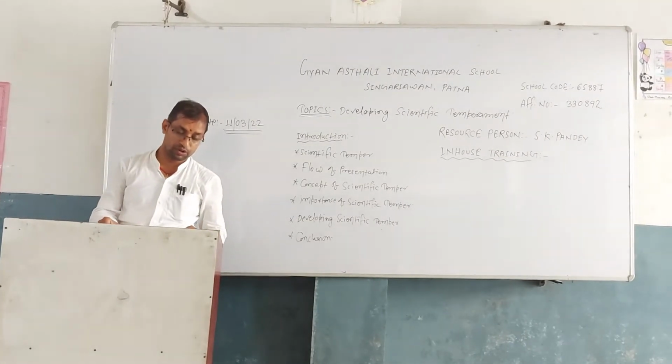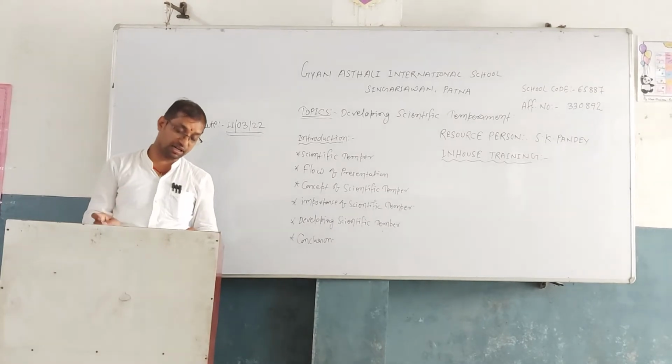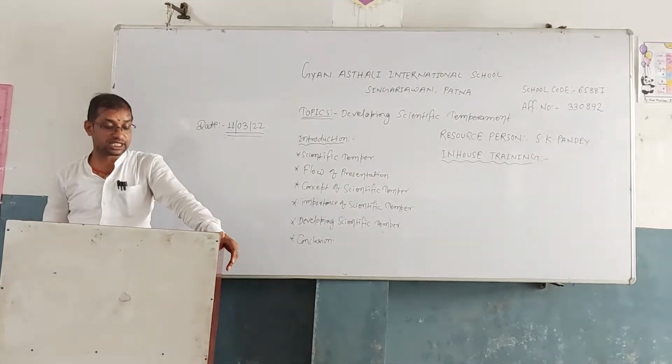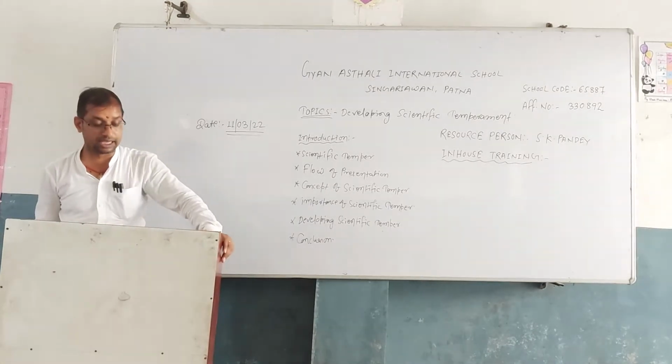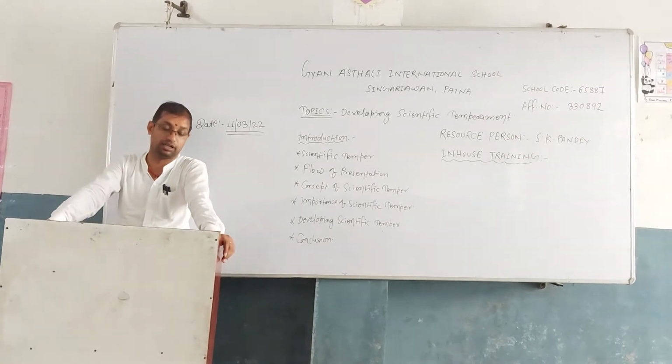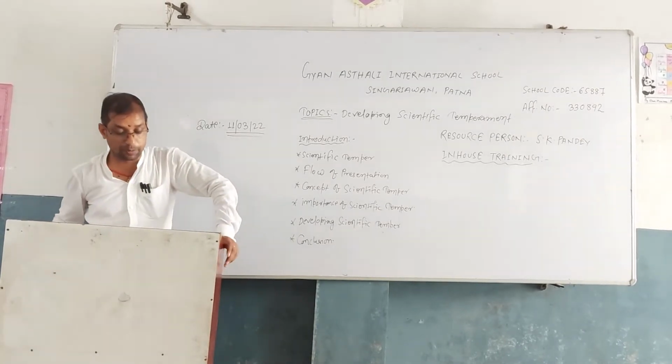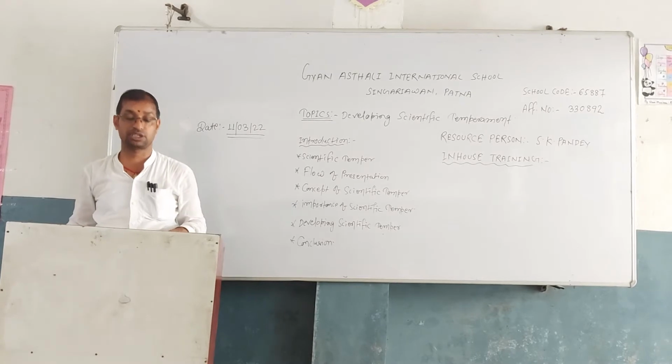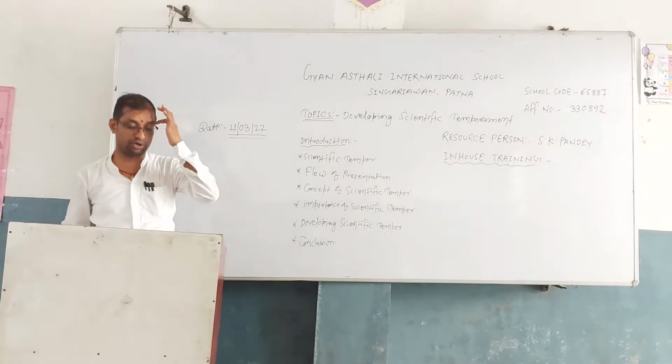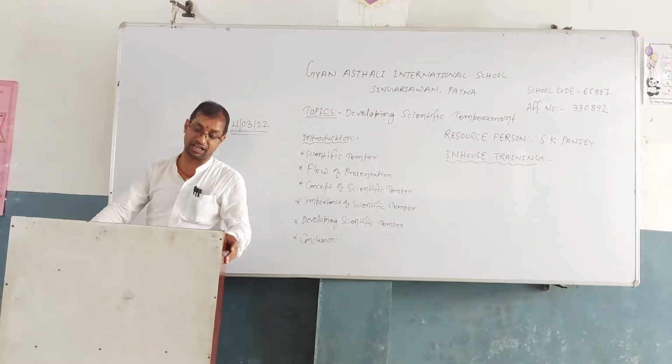Now, let us check out the techniques. The basic step of the scientific method is making a hypothesis to explain certain observations and verifying the predictions of the hypothesis against carefully obtained experimental data.